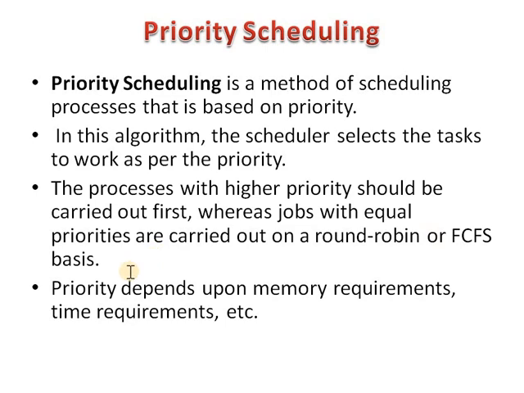Suppose two processes have the same priority, then depending on the round robin algorithm or the FCFS scheduling algorithm, the process is selected for execution.